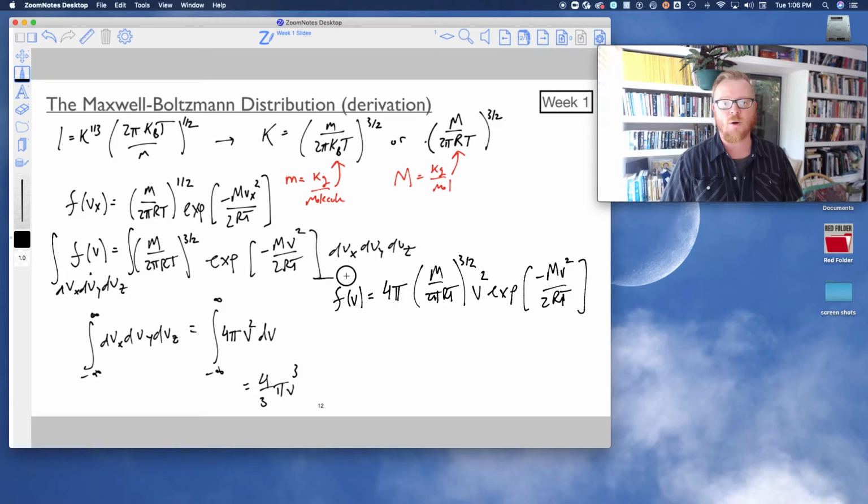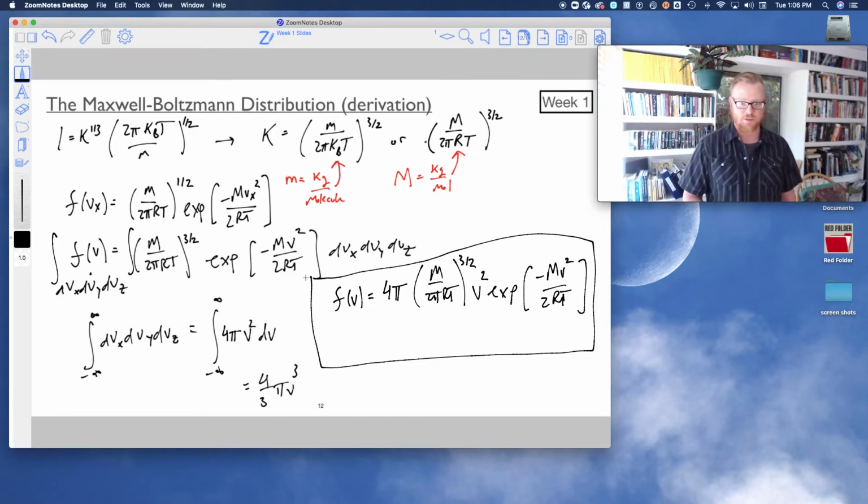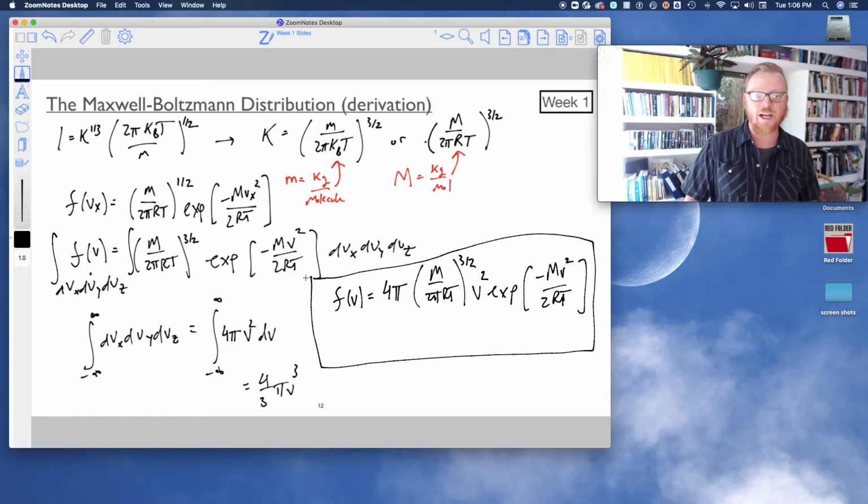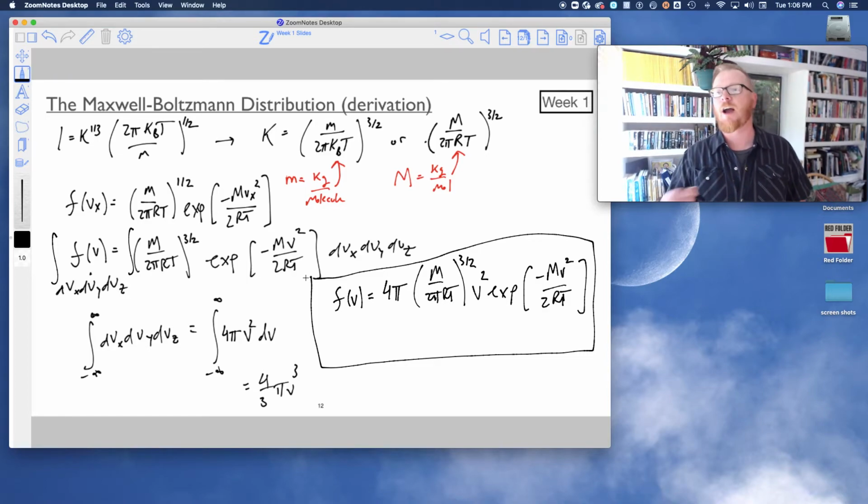And this equation is our Maxwell-Boltzmann distribution of velocities. We're going to play with this equation a lot in the coming weeks in your Mathematica slides.